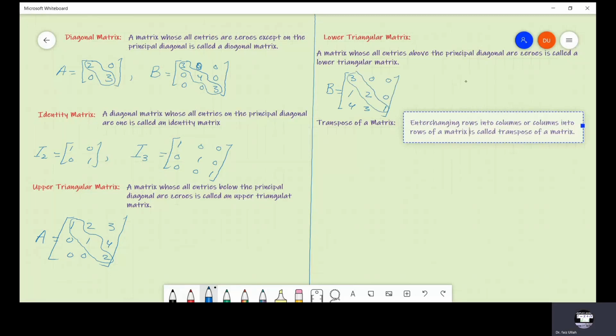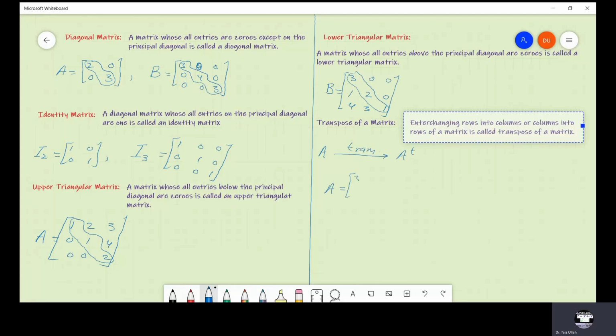Transpose of a matrix. If we interchange rows into columns or columns into rows, we get the transpose of a matrix. Transpose of a matrix A is denoted by AT. So let us see an example. In this example, we have a matrix.